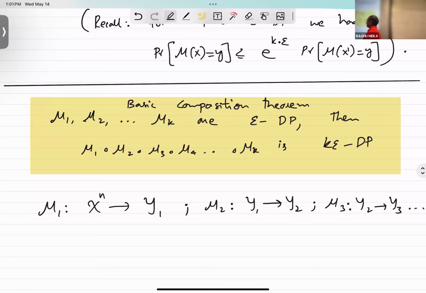Right. So every time you go from one to the other, the probability factors change by e to the epsilon. So overall, if I do it k times, it becomes e to the k epsilon. So it's k epsilon.